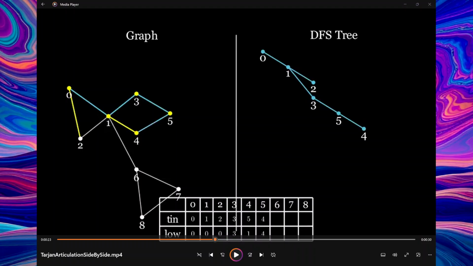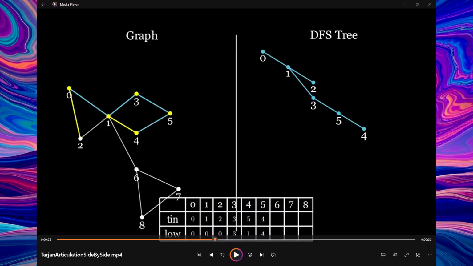So the Tarjan's articulation point method, the key thing that it checks every time is the relationship between these. If in this case the low is less than the time of entry of B, that means at some point in our DFS we were able to make it back to where we started before we got to B. In other words, we have an extra route out of that subgraph.